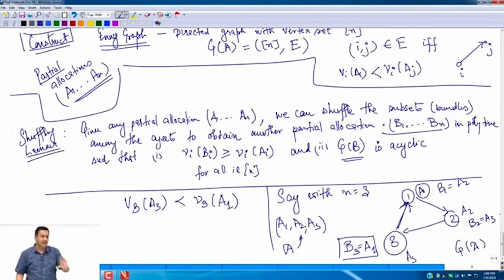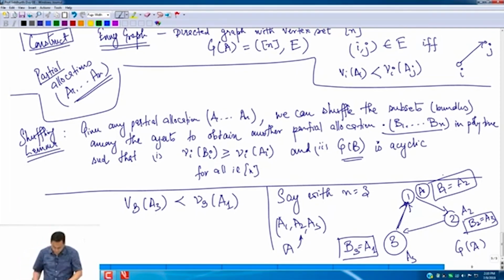That's the shuffle I perform. I am envious of you, so I'll get your bundle. Someone else is envious of me, that person gets my bundle, and it repeats. Is the process clear? So I just rotate the cycle, if you will.